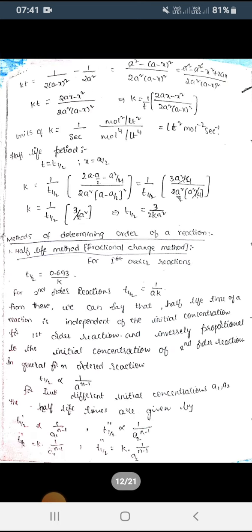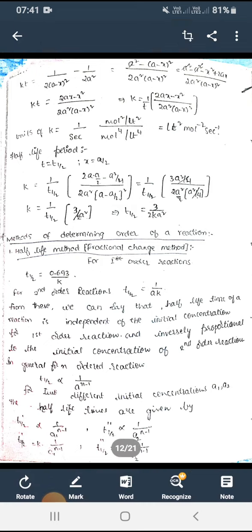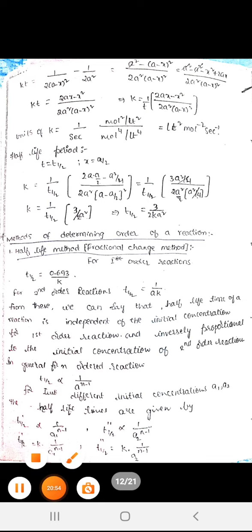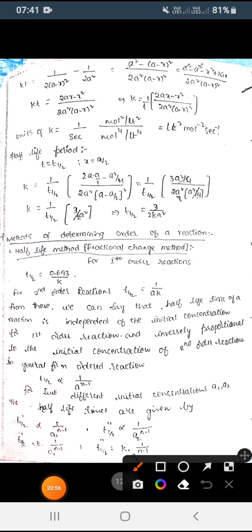After that, you do the LCM. After doing LCM, we get a square minus (a minus x) whole square by 2a square into (a minus x) whole square. Expanding, a square cancels, and we get x square plus 2ax.